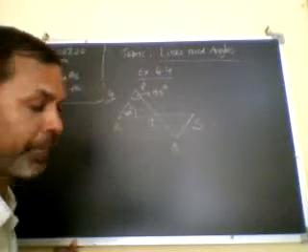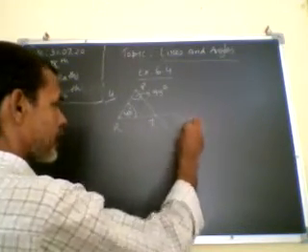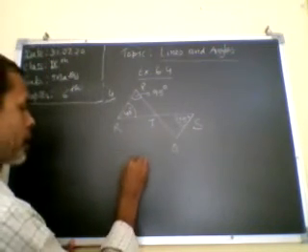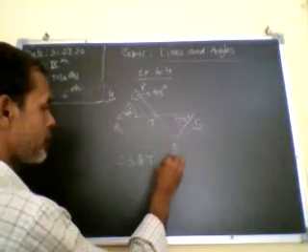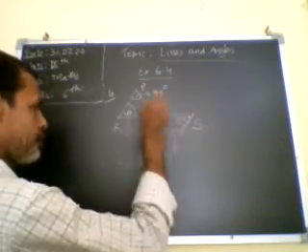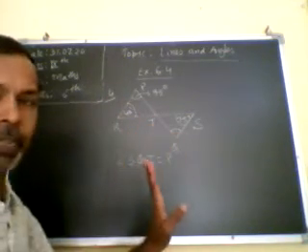TSQ is 75 degree. And we have to find angle SQT. It is not given. SQT, this angle. Now the question is asking that PQ and RS are two intersecting lines.